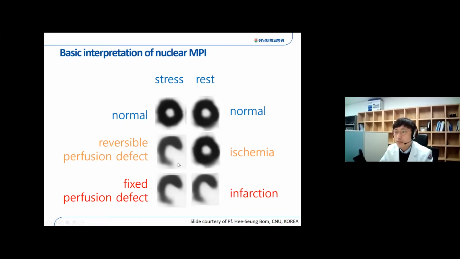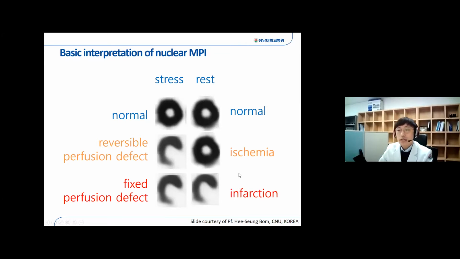And if we have a perfusion defect here, which is reverted by resting, like you can see here, then we call it a reversible perfusion defect. And the pathophysiology is myocardial ischemia or inducible ischemia. But if we have a perfusion defect here, which is not reverted by resting, then we call it a fixed perfusion defect, and we call it myocardial infarction or myocardial scar.